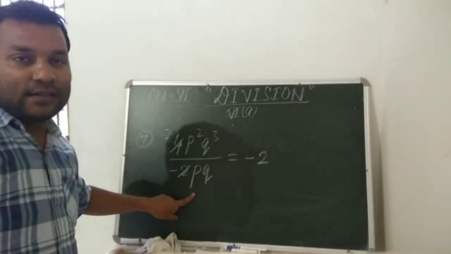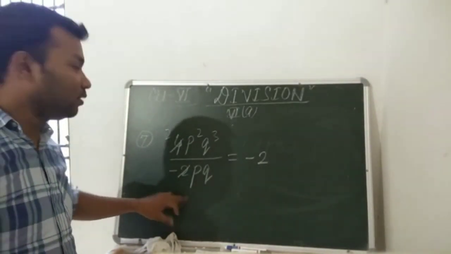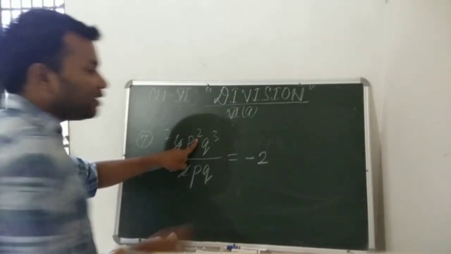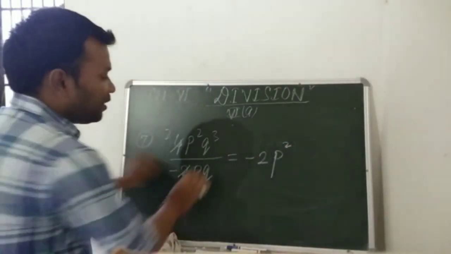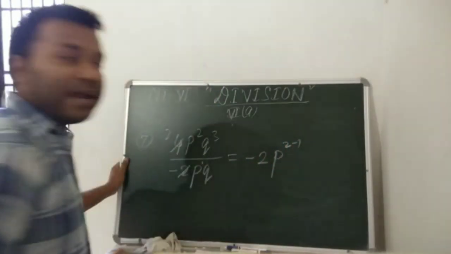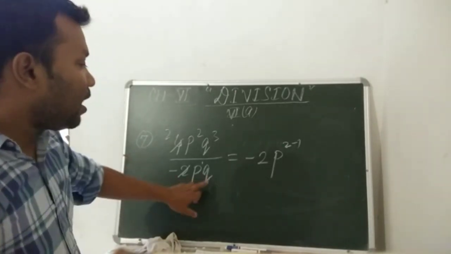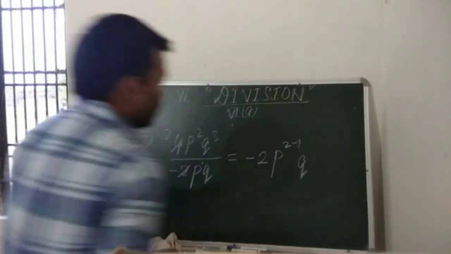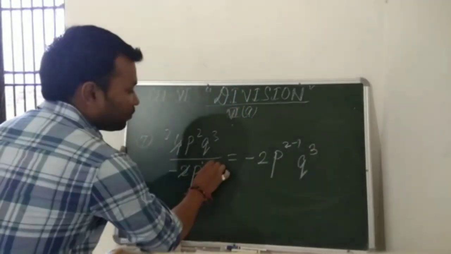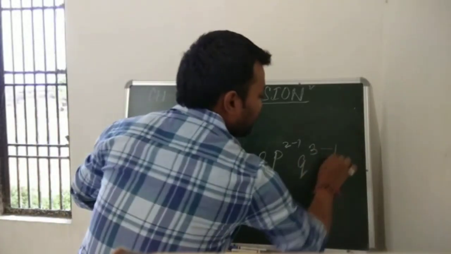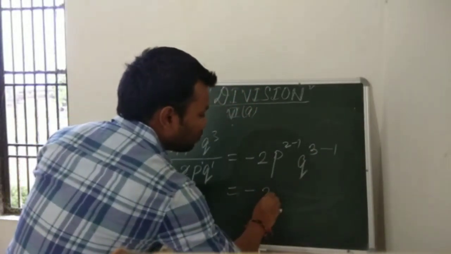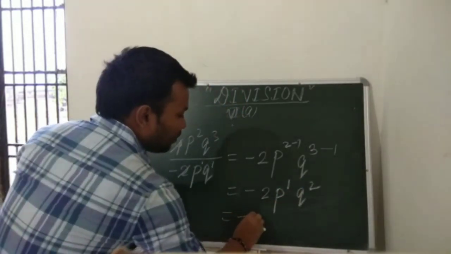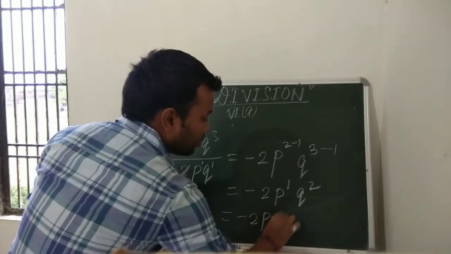Now we will subtract the powers of the same variable. The power of the variable p in the numerator is 2 and in the denominator is 1, so we write p to the power 2 minus 1. The same for q: the power of q in the numerator is 3, and in the denominator is 1, so we write 3 minus 1. Our answer will be minus 2 p to the power 1 q to the power 2, and we write this as minus 2pq squared.